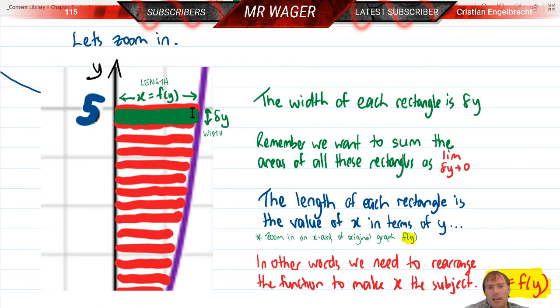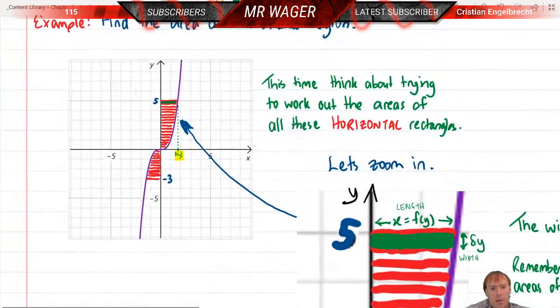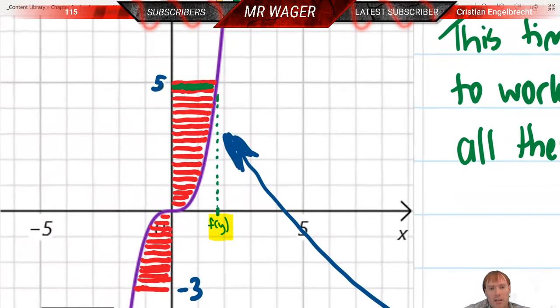So what that means is, if I go back to my original graph, because I've got the thing drawn on the x-axis, we're kind of doing things in reverse. This is the y value over here on this y-axis, and what we're trying to work out is what the x value at that point on the graph is. And that is f of y.